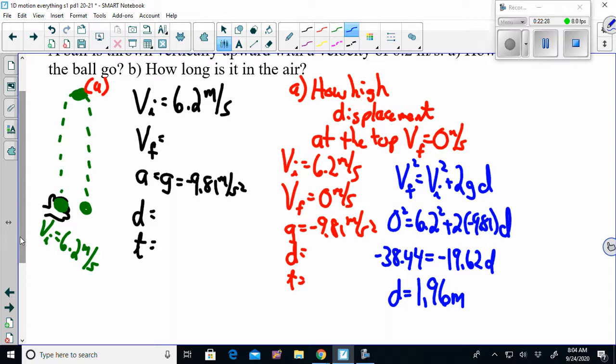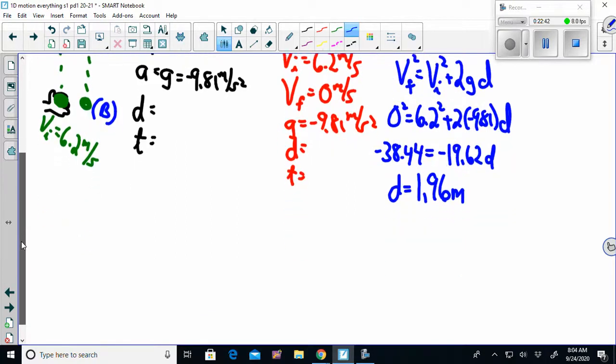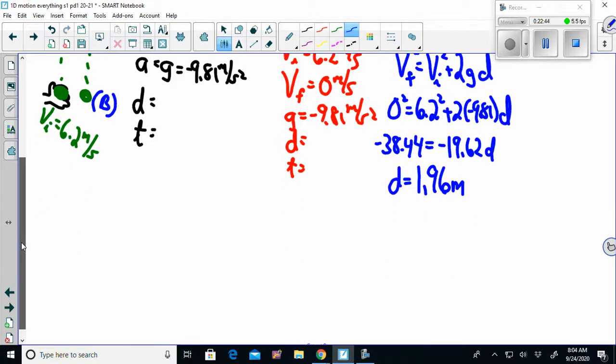Part B says, how long is it in the air? How long did it take to go from my hand and come back to my hand? So we want to know how long it took to get back to the hand. So we have to use another implication here. How long in the air?